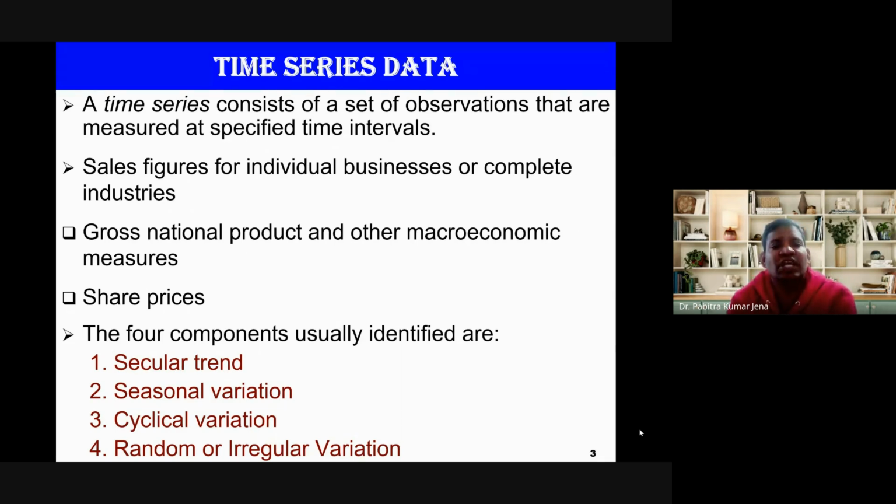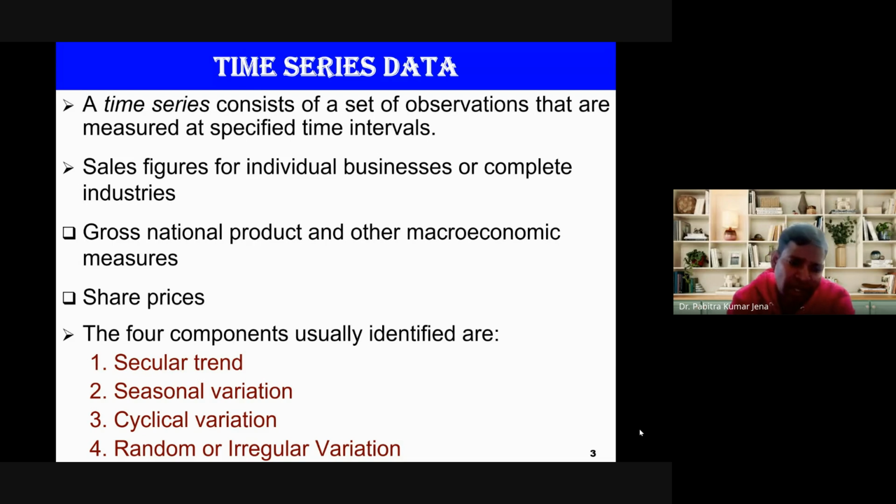For example, sales figures of an individual business or a complete industry, or gross national product and other macroeconomic measures. These are all random variables. In any time series data you come across, there are four types that you will get.